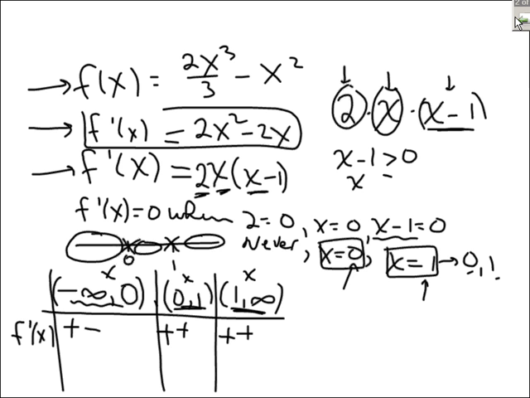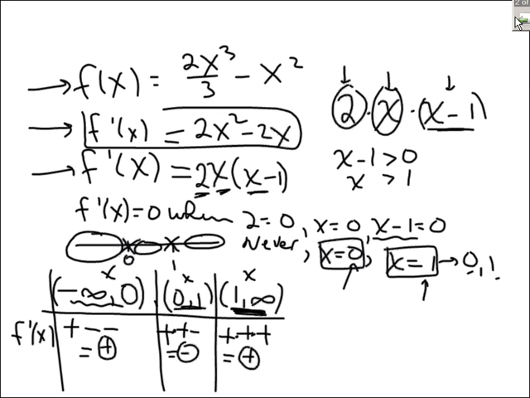Add 1 to both sides: when x is more than 1. This is the only interval where x is more than 1. So it's positive there, but it's negative elsewhere. The overall sign is positive here, negative here, and positive here. When you multiply the three factors, you get positive, negative, and positive.